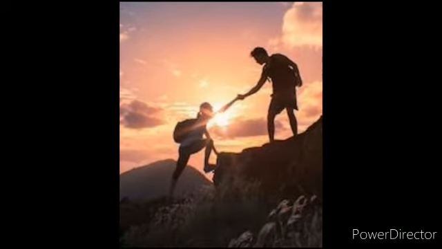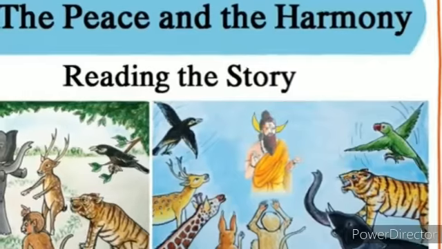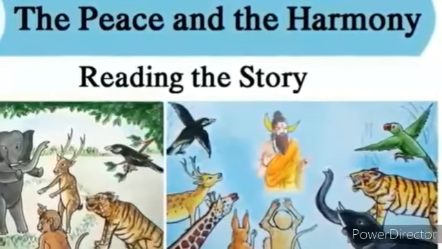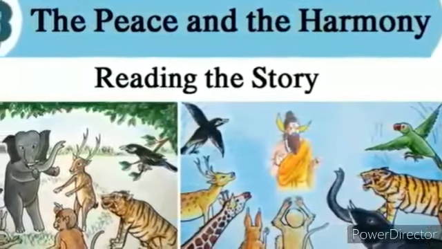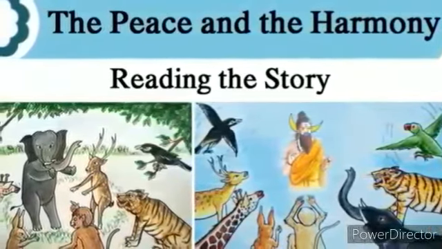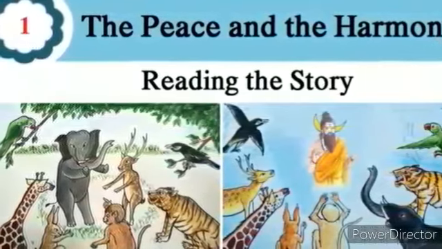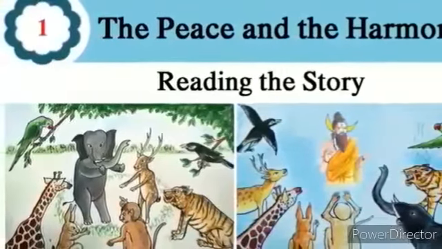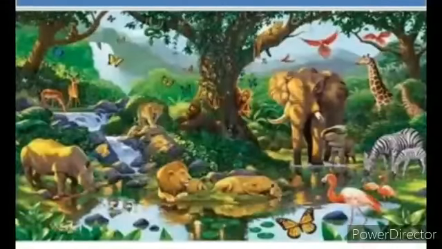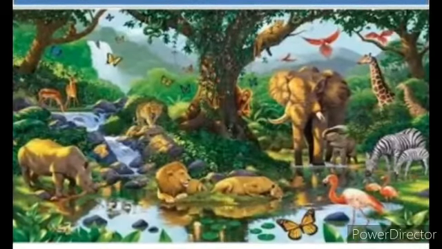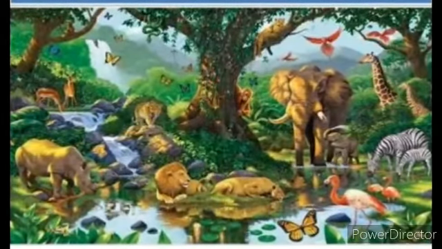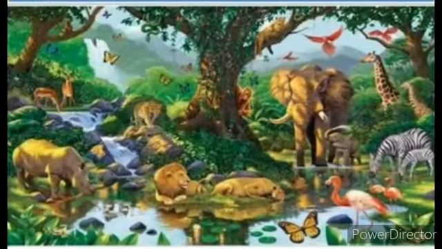Now that brings us to our lesson's title. The title of our lesson today is Peace and Harmony. This is a moral story of how we all must learn to coexist, that is, live together and always remain friendly with each other.